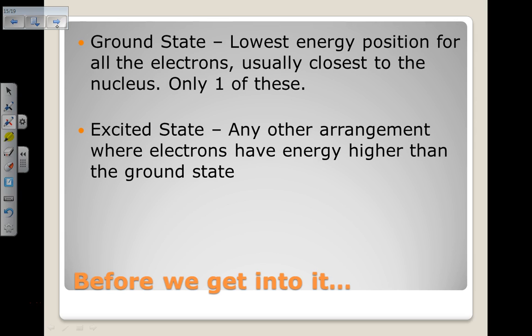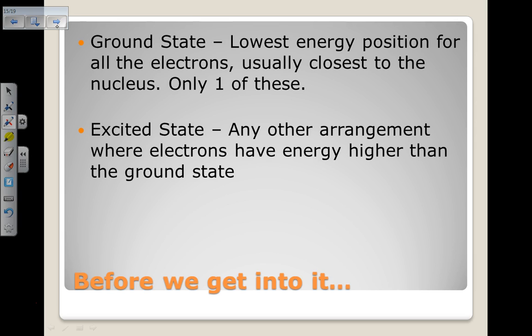Why do we do that? Because there's only one arrangement of electrons that has the lowest possible energy, so there's only one ground state configuration of electrons. The opposite of ground state is excited state, and that's when the electrons have any other arrangement that happens not to be the ground state.